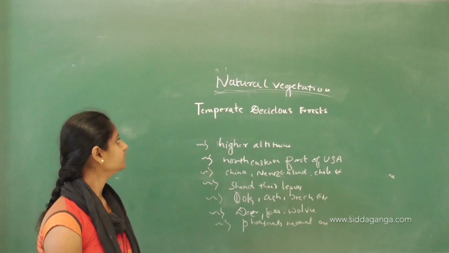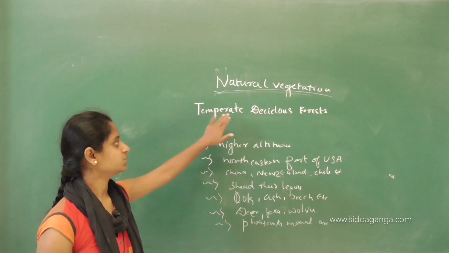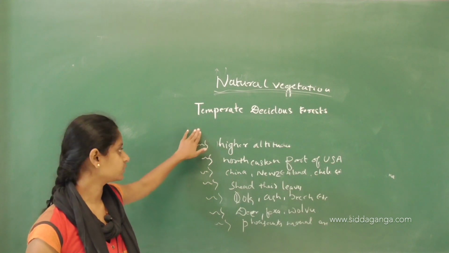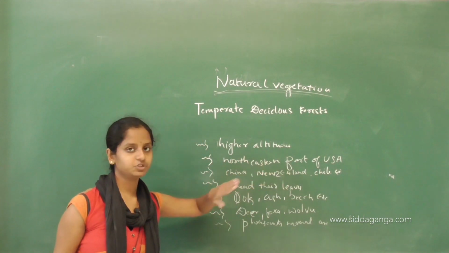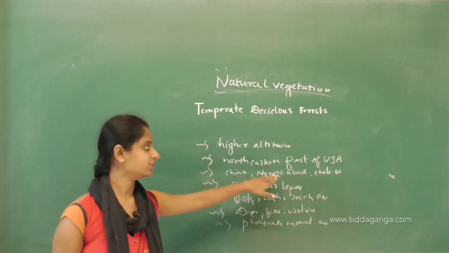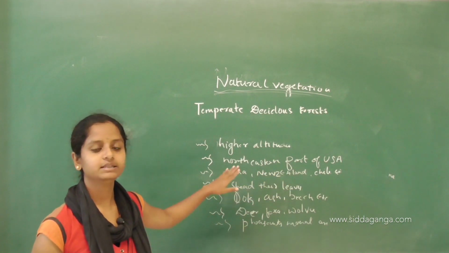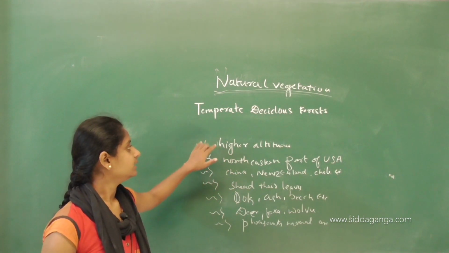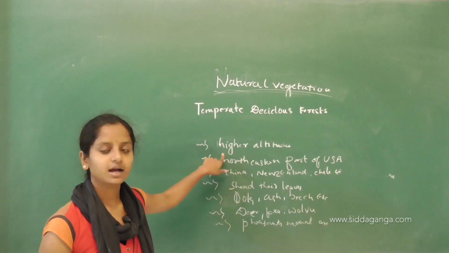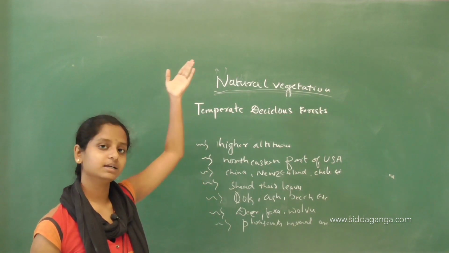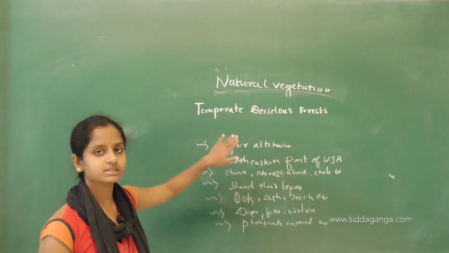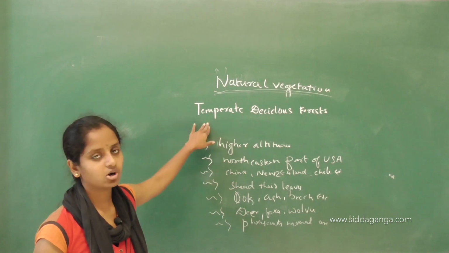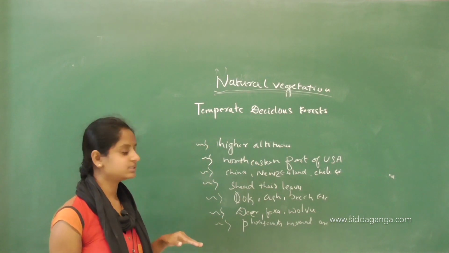Okay, then, in the temperate deciduous forest, we can see this forest in the northeastern parts of the USA, China and New Zealand, at the higher altitudes. As we go up, we can see this temperate deciduous forest, and it also sheds its leaves in the dry season.